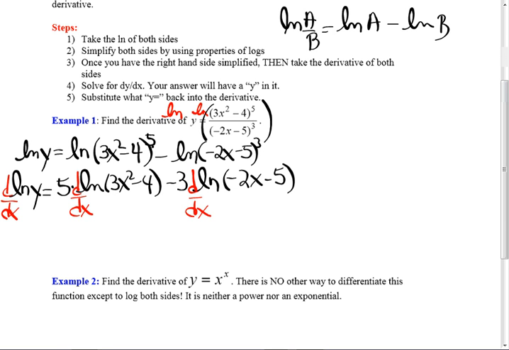And what's the derivative of the log of y? 1 over y times the derivative of the inside function. Okay, Sarah, is that okay? Times dy/dx equals 5. Now, the derivative of this is easy. Well, if you did the homework, it should be easy. What is that?